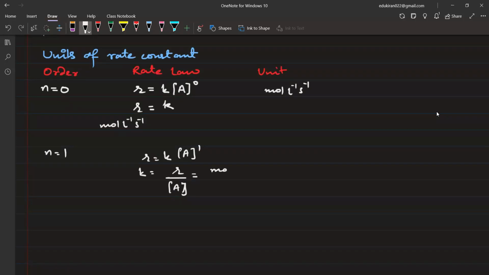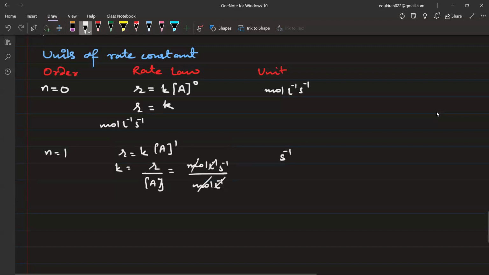R is mole per liter per second divided by A, which is moles per liter. So mole and mole will cancel, liter inverse cancel. You will get the unit as second inverse only. When the order is 1, the unit is second inverse.